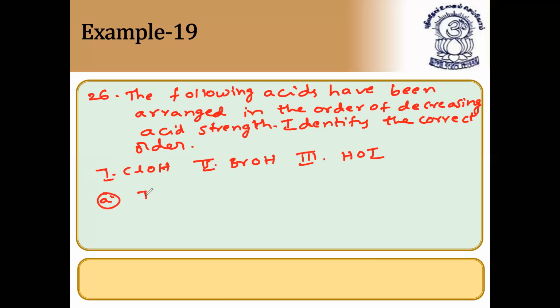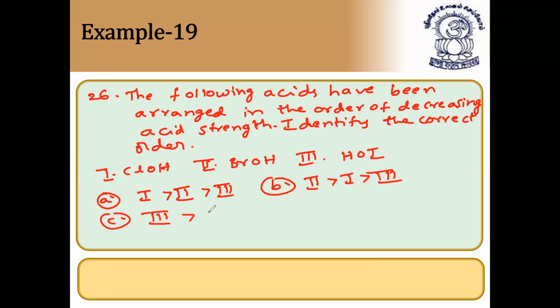Option 1, 1 is greater than 2 is greater than 3. Option 2, 2 is greater than 1 is greater than 3. Option C, 3 is greater than 2 is greater than 1.